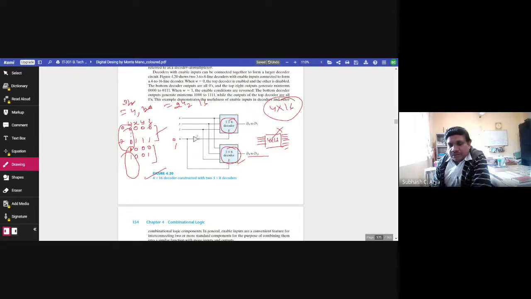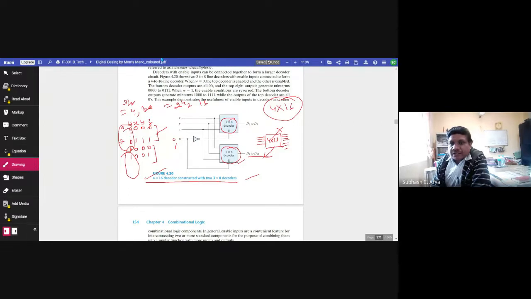So with the help of one extra NOT gate and two 3 to 8 line decoders, we are able to implement a 4 to 16 line decoder. Got it? So lower order decoders have been used to implement a higher order circuit. That is the beauty, or that is the feature, of this circuit. That is why it is given here.